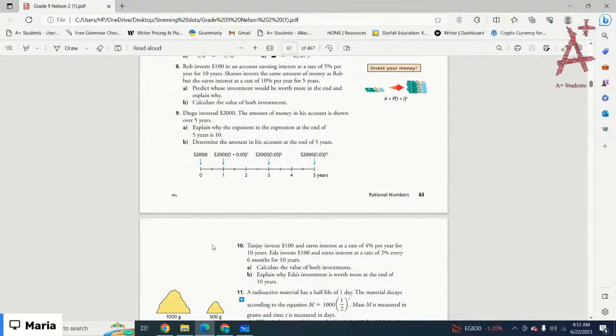Sharon invests the same amount of money as Rob, but she earns interest at a rate of 10% per year for 5 years. Predict whose investment would be worth more in the end and explain why. Calculate the value of both investments. Got it? So you have to look at which investment is better.